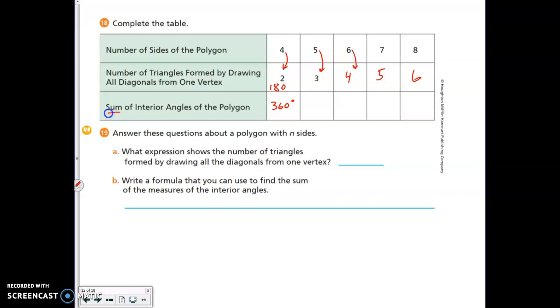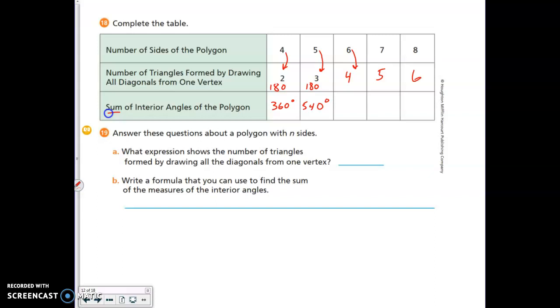If we look at a pentagon, we are going to either add 180 3 times, or multiply 180 by 3. It should be 540 degrees of interior angles inside of a pentagon.